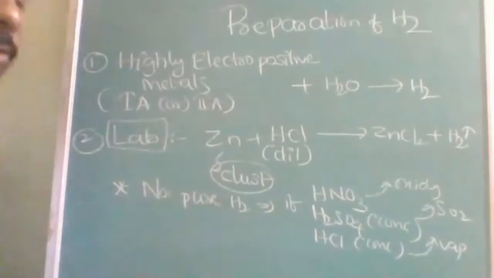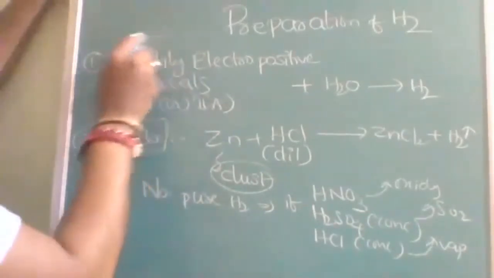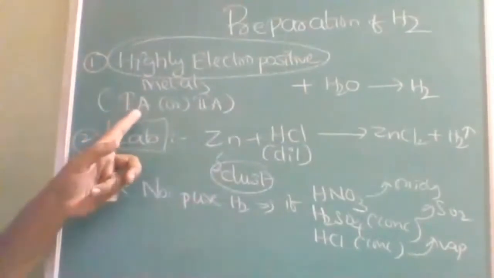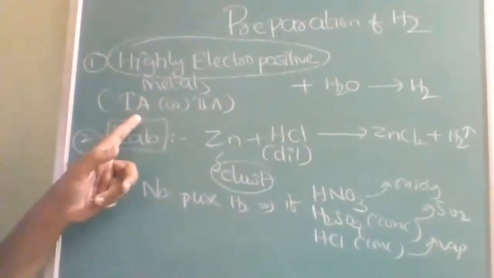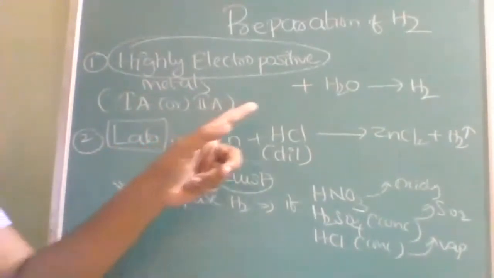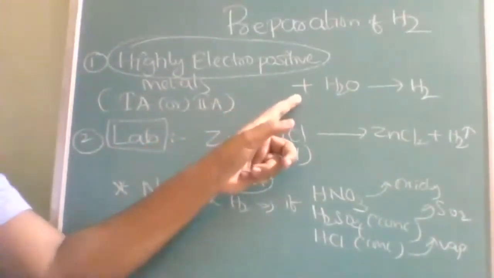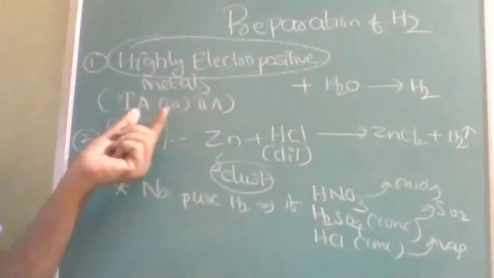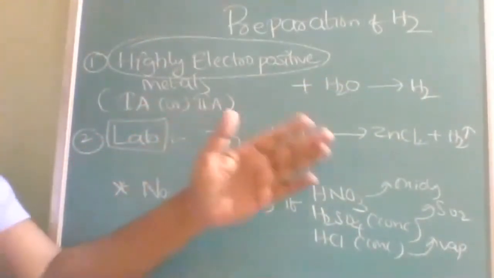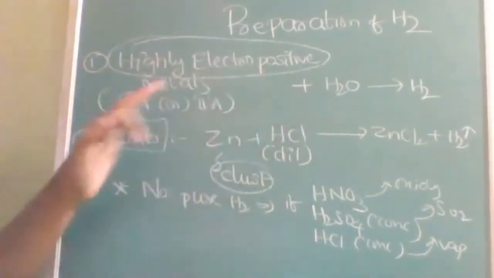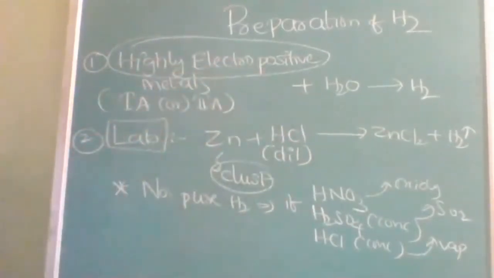So the first and easiest best method is simply to react highly electropositive metals such as alkali metals or alkaline earth metals. When they just react with water, hydrogen will be liberated and the alkali metal or alkaline earth metal will be converted to the hydroxides like sodium hydroxide, calcium hydroxide.